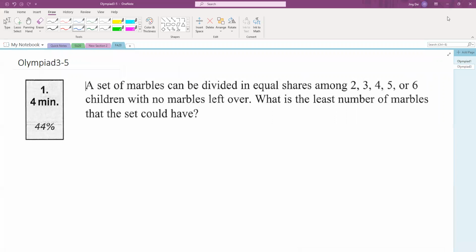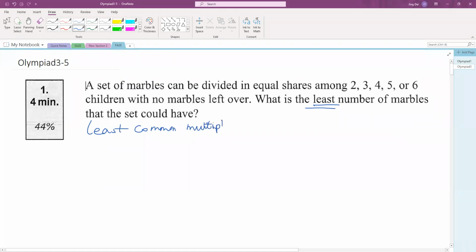Least common multiple. Yeah. So Sophie, are you saying we need to find the least common multiple, right?